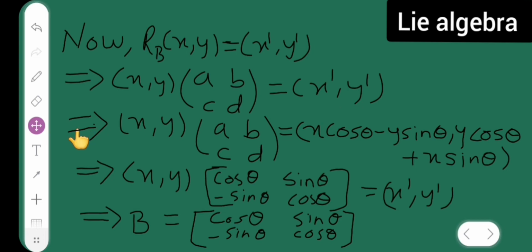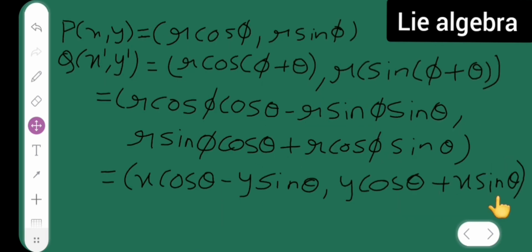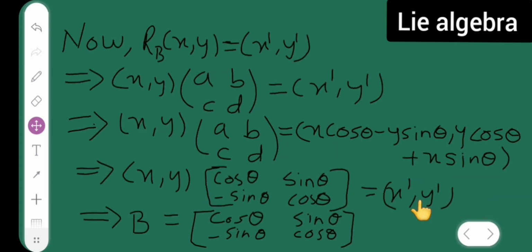Now this implies x comma y, write it as it is, and a b c d, which is equal to x dash comma y dash, whatever I am getting. Okay, so I have written it over here, and now this implies x comma y.